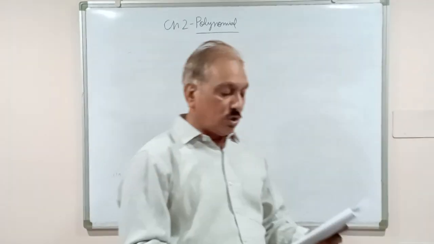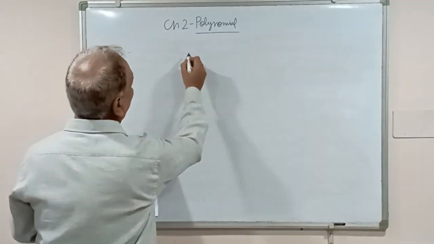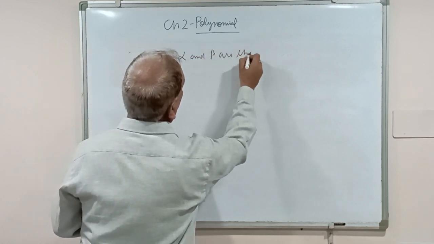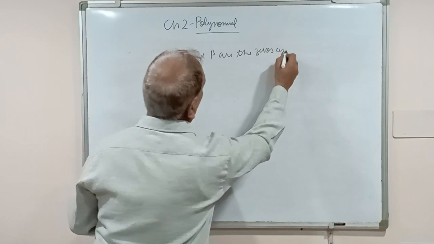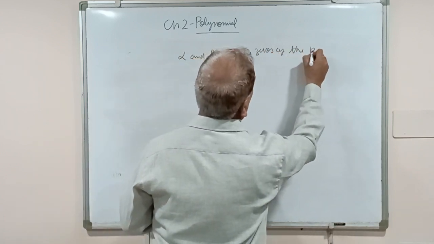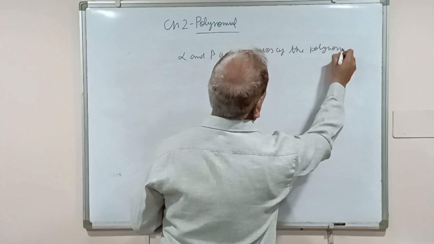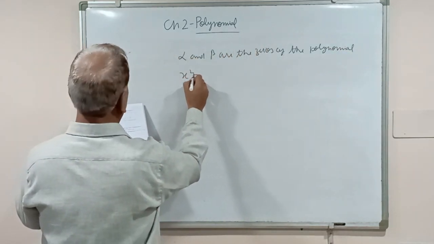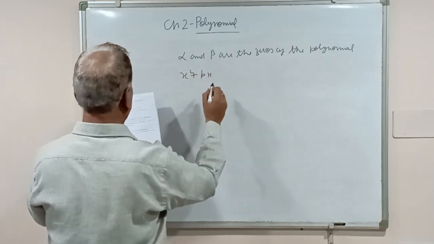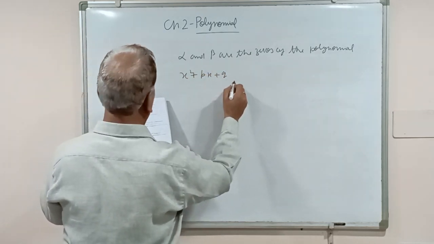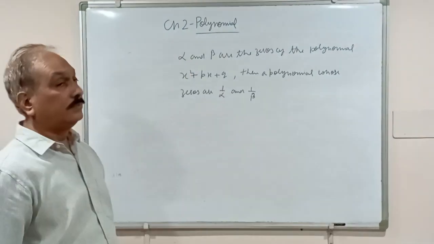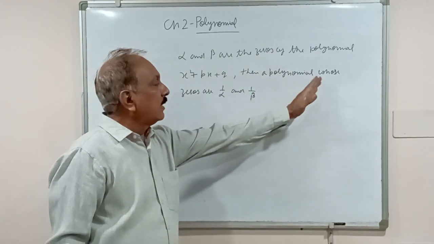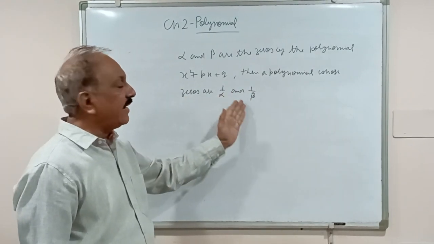Alpha and beta are the zeros of the polynomial x square plus px plus q. Then form a polynomial whose zeros are 1 upon alpha and 1 upon beta.